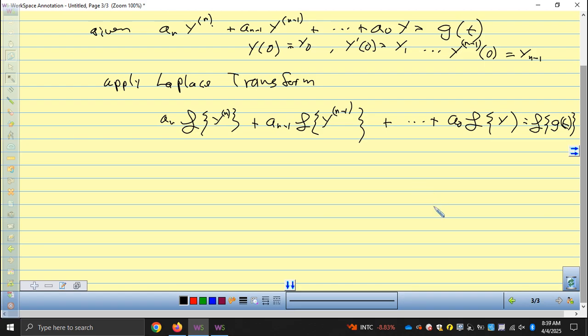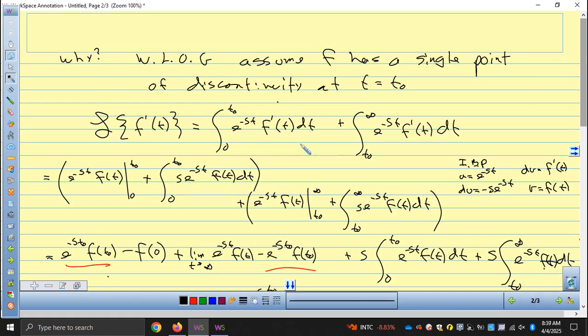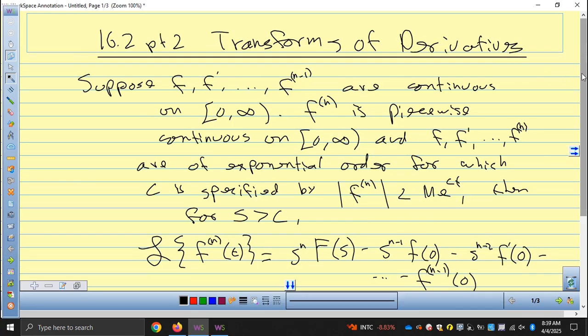And we know that the Laplace transform of our derivatives all end up just with our term that has just the Laplace transform of our function.